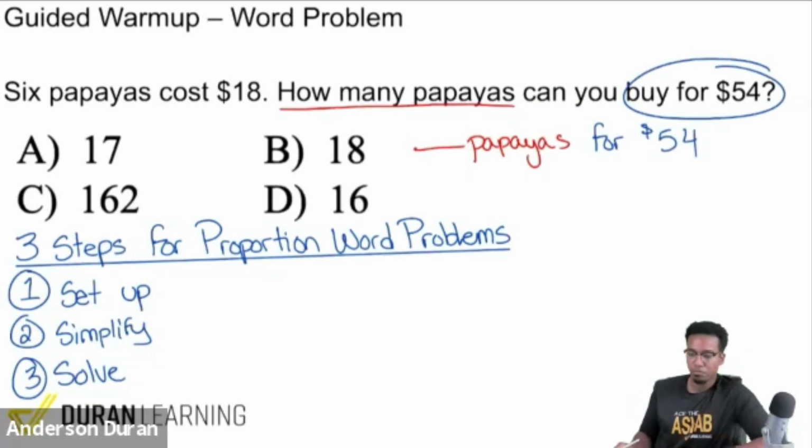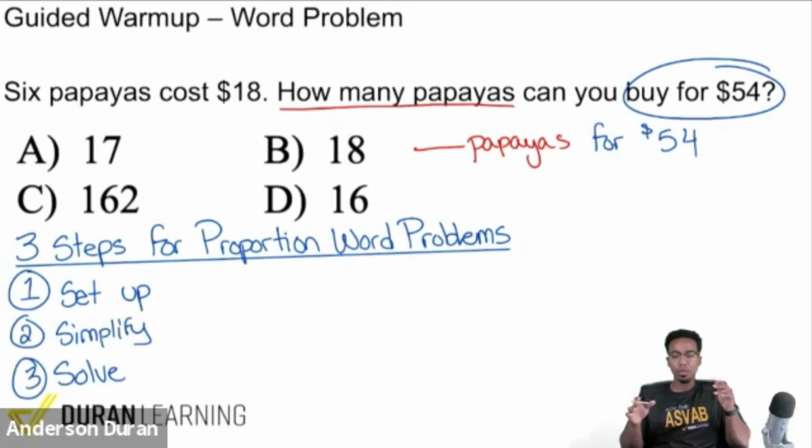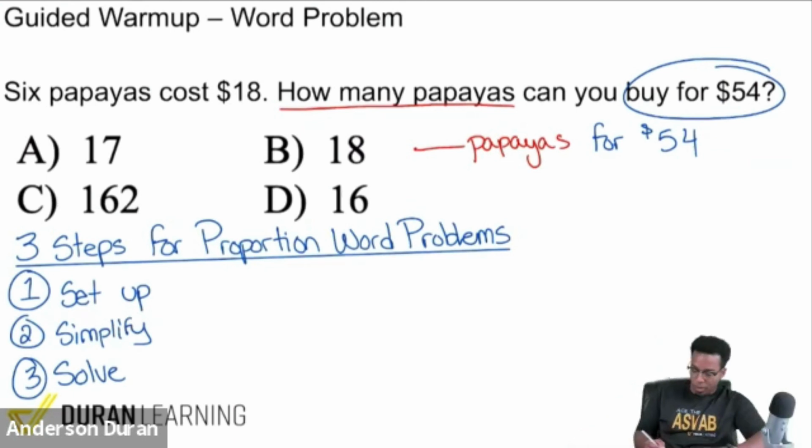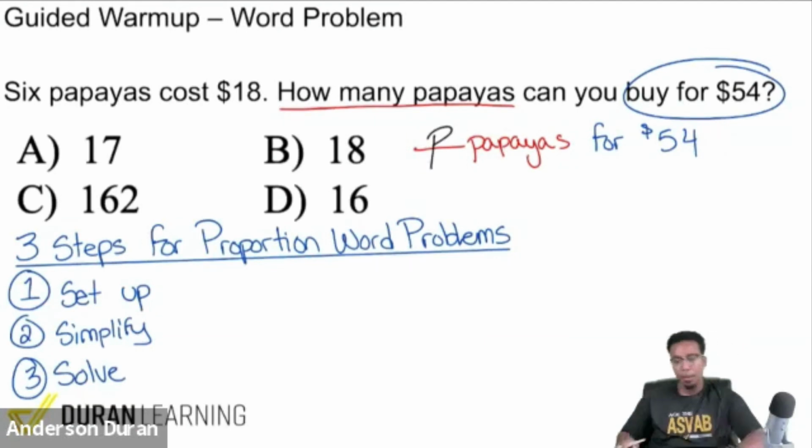Okay, cool. So far, we know that we're looking for a certain number of papayas for $54. Okay. So everybody, what letter should I use for papayas? Yeah, P for papayas. That's right. It's an easy letter to use. Let's just use P for papayas.